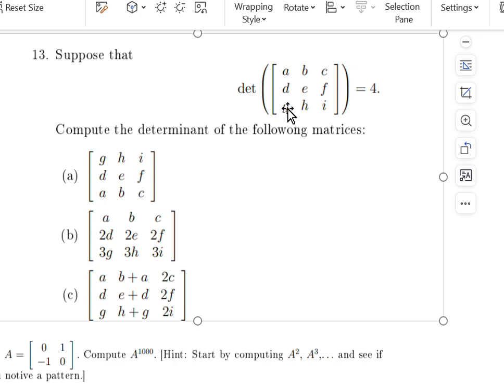So the fact that we've added column 1 to column 2 doesn't affect our determinant. Now, for the multiplication of the constant in the third column, our determinant is affected. So we get a determinant of 8. Hope that's clear. Yes, so we are done with that one.